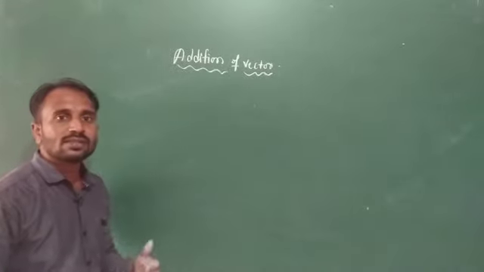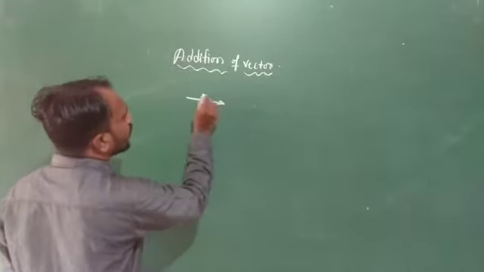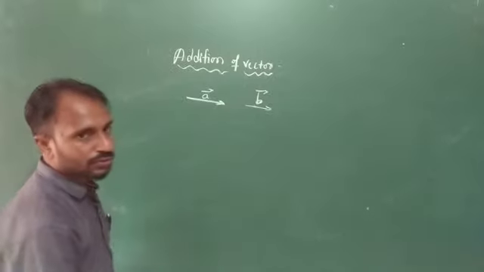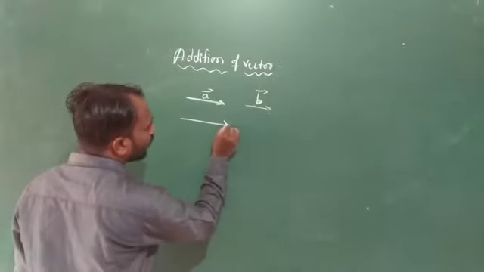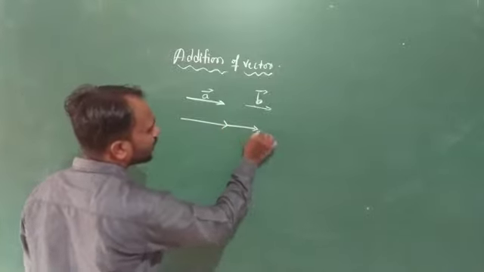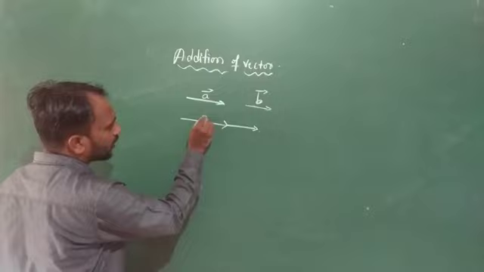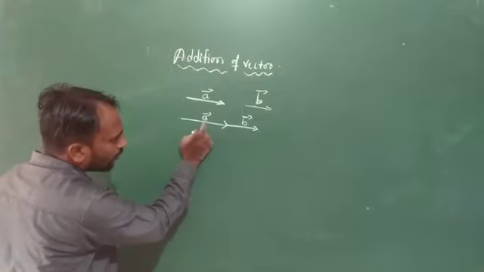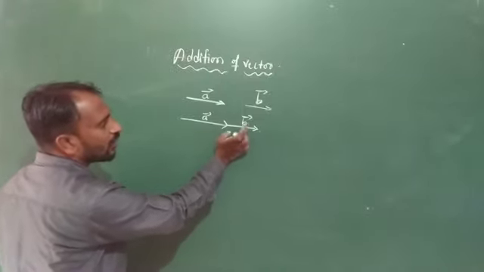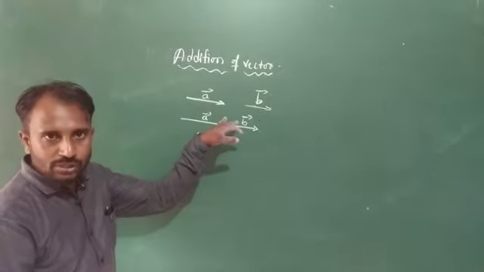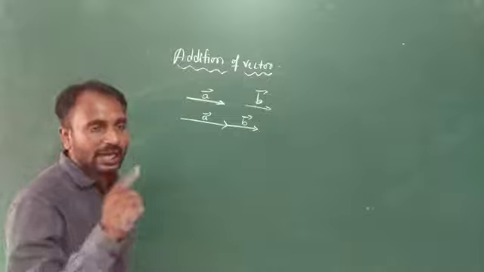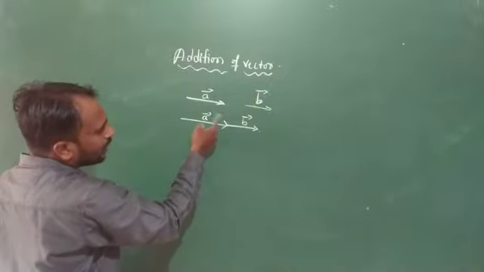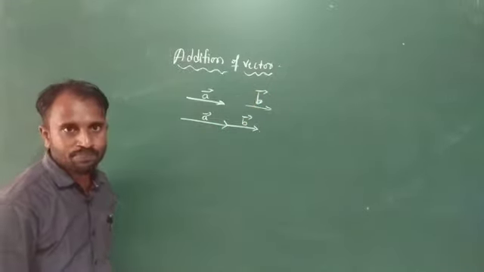So how to add these vectors? Suppose this one is vector A and this one is vector B. To add these two vectors, the head of one vector coincides with the tail of the other. Here the head of vector A coincides with the tail of vector B. We already know that in vector representation, the straight line represents magnitude and the arrow mark represents direction.